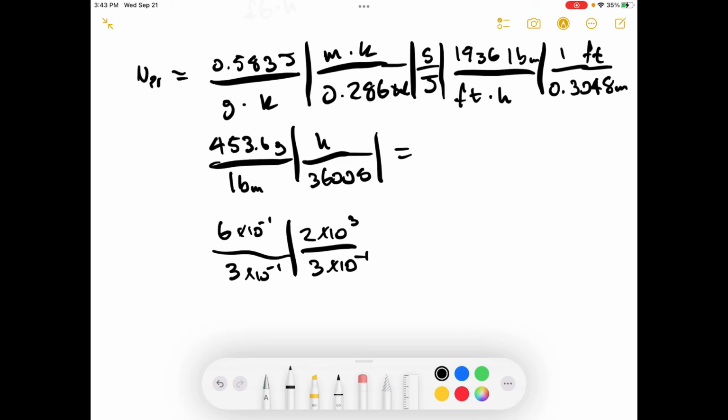And multiplying by a 5 times 10 to the 2 and dividing by a 4 times 10 to the 3.